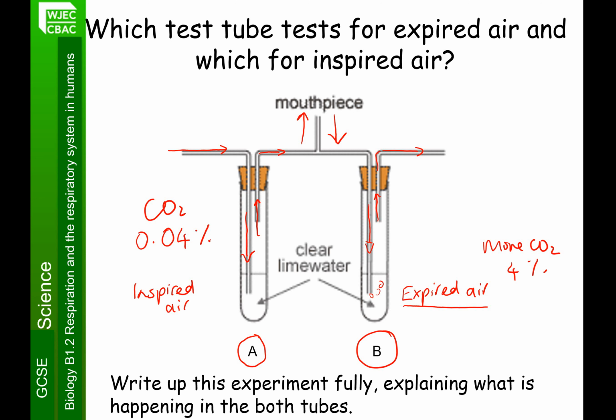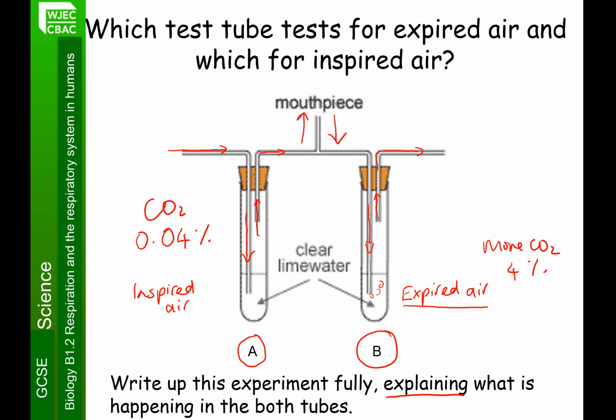Now, there should have been a page in your booklet for you to be able to write this experiment up fully, explaining what's happening in both tubes. However, I don't think a page has been put in. So there is some lined A4 paper over on the side by the windows. If you can write this experiment up briefly, explaining which tube is testing which type of air, which tube is going to go cloudy first, and why, using these terms.